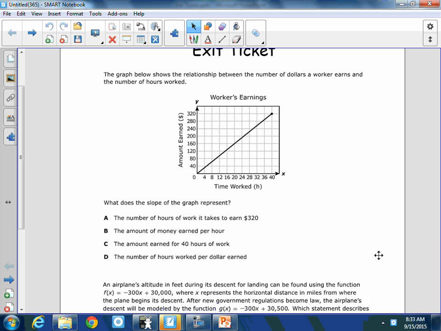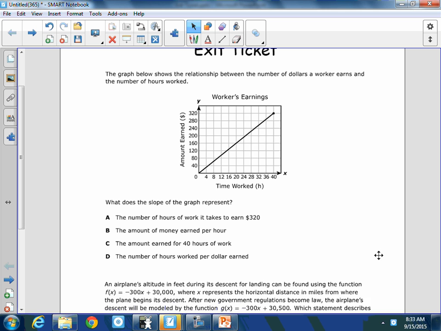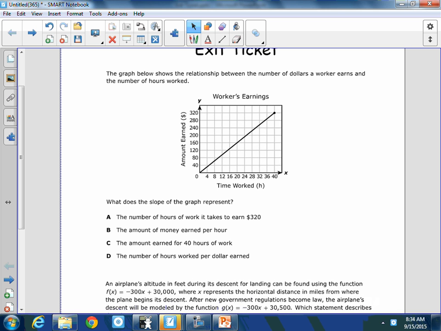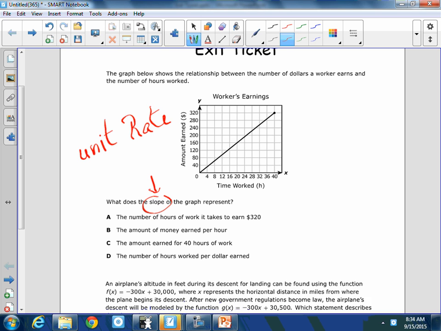All right. So what does the slope of the graph represent? We already said that. You need to pay attention when I talk. The slope is the same thing as unit rate. Unit rate means how many?